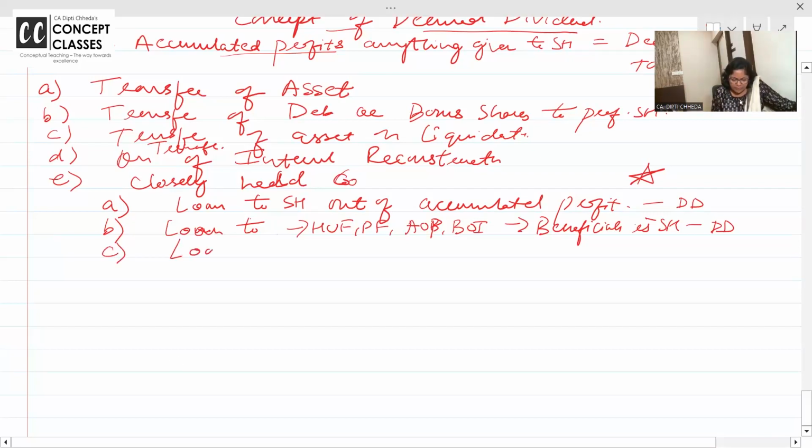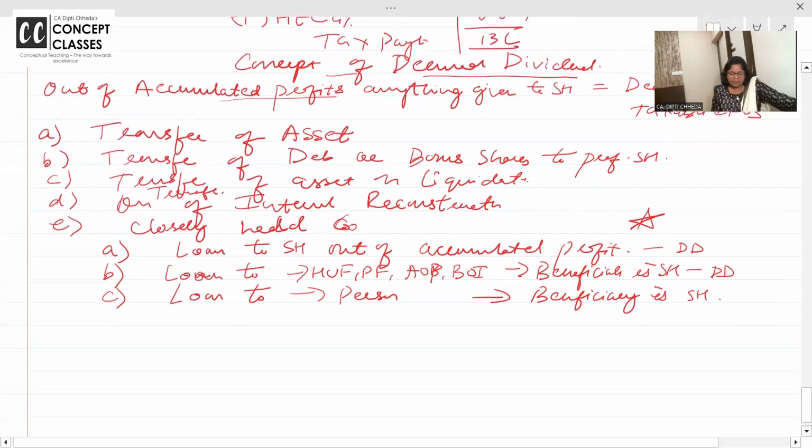Or the third one, a loan to any person, where again the main beneficiary is the shareholder. Same. Clear to all of you? So this is called the concept of deemed dividend.